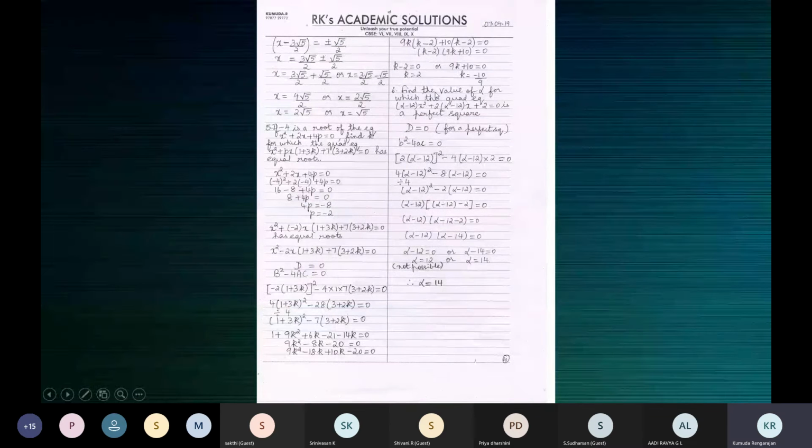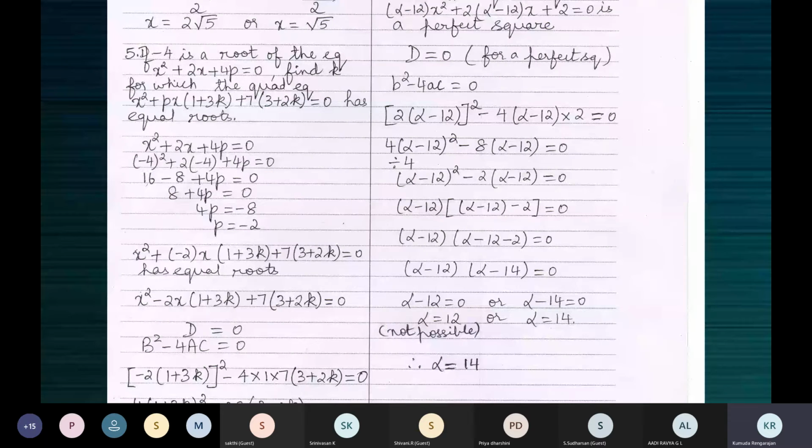Yes, we'll keep this for a later date, not now. Oh no, I think you now learn the nature of the roots, right? Yeah, we're ready. Okay, children.